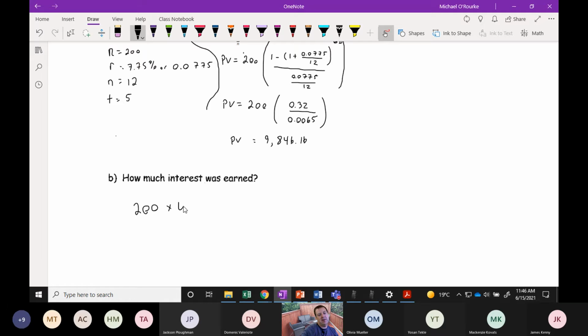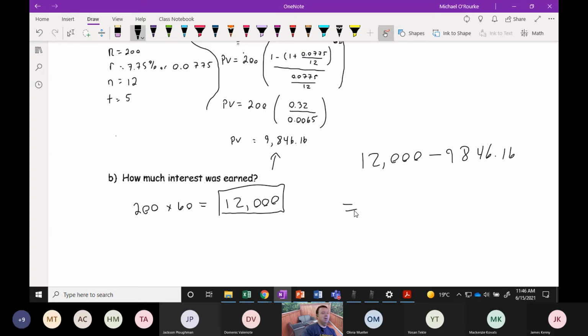And it's for 60 months, right? So her daughter got $12,000, right? But they only put in 9,846.16. So if we go 12,000 minus 9,846.16, that will give us how much interest was earned.